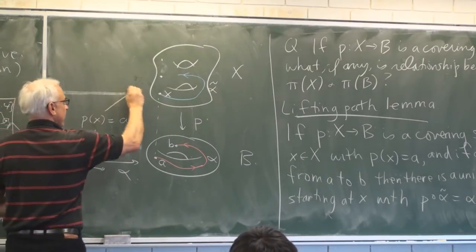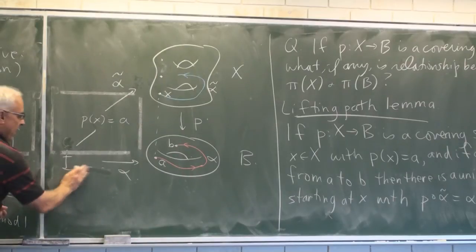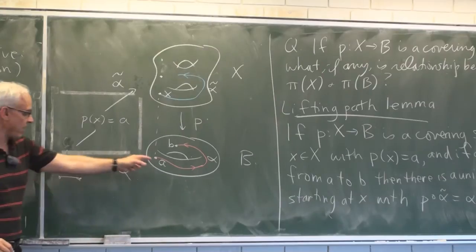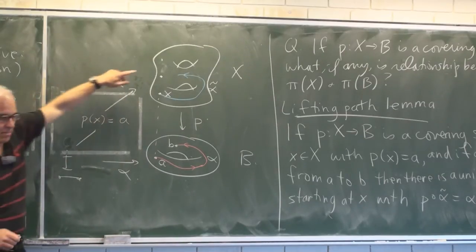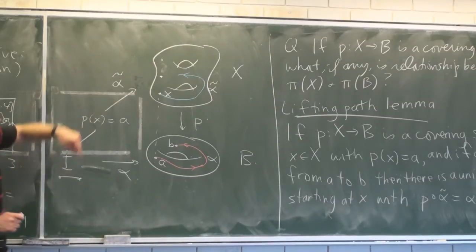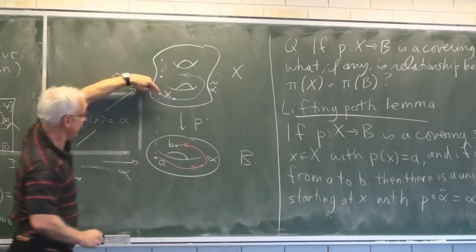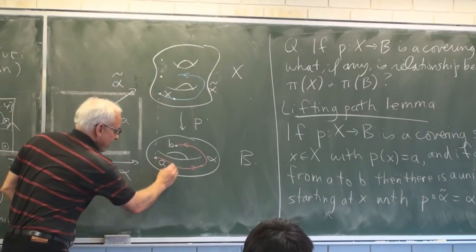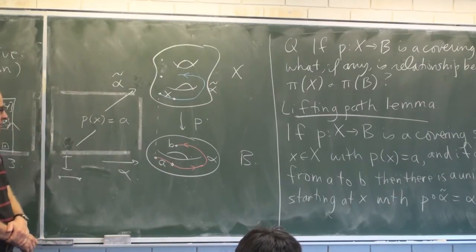that's really what a path is. It's a function from the interval into the surface, either alpha or alpha tilde. Then this diagram commutes. In other words, if you go to a point here under alpha tilde, and then you go down, then that's the same as if you took that initial point and go over there.